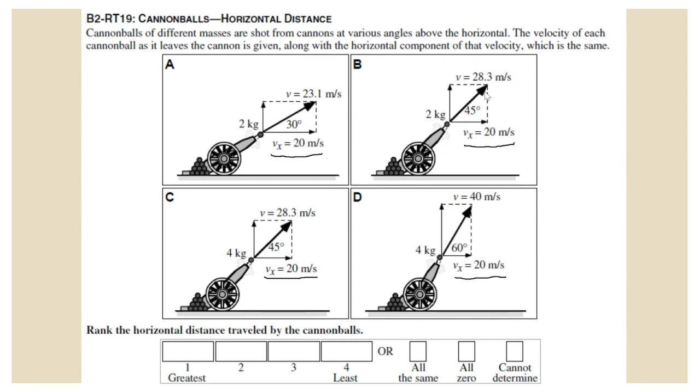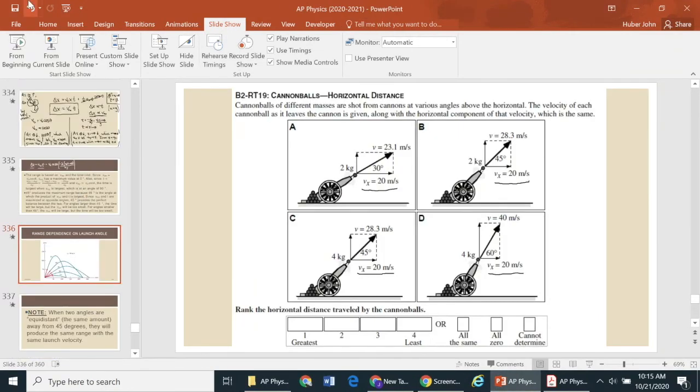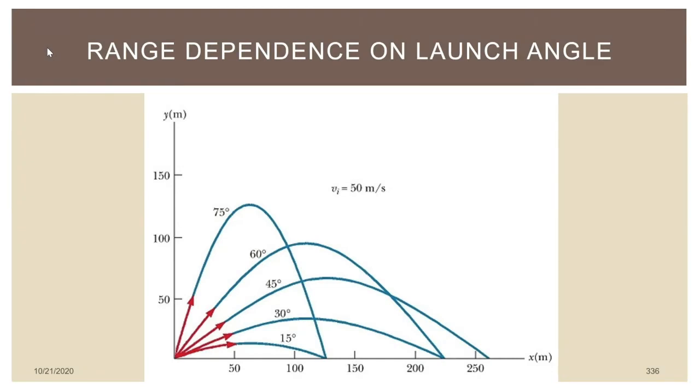It's very important to realize that what we said about 45 degrees being the angle for the maximum range assumes that the same launch velocity is being used for that analysis.